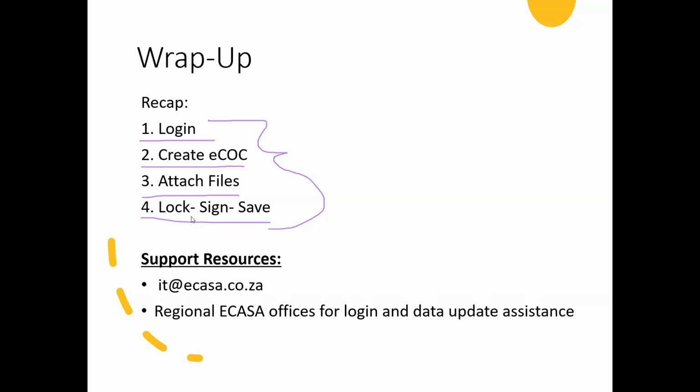Okay, so you've got a lot of functionality. And if you need support, you can contact IT. If there's anything she needs my help with, she will direct it directly to me. If you do want to sign up, contact any of your regional offices. If you don't know where your regional offices are, IT is it@ecasa.co.za right here.